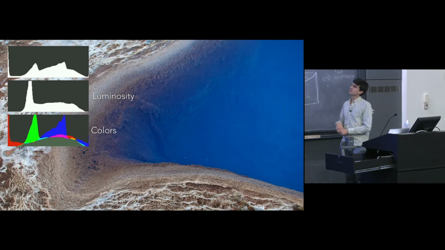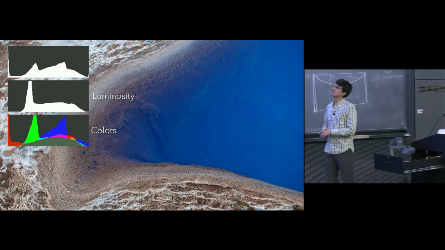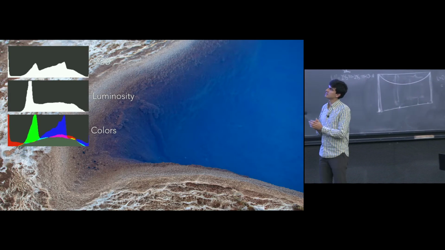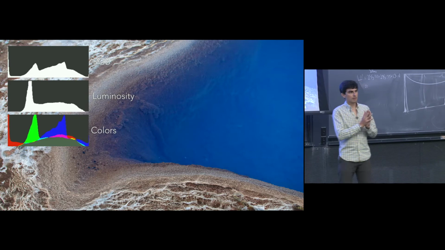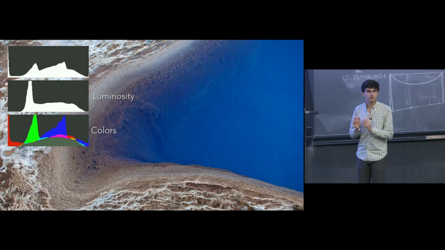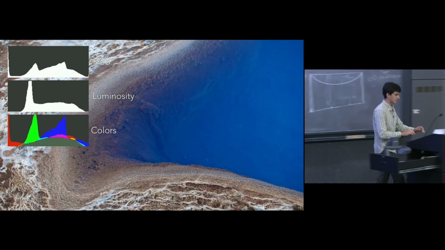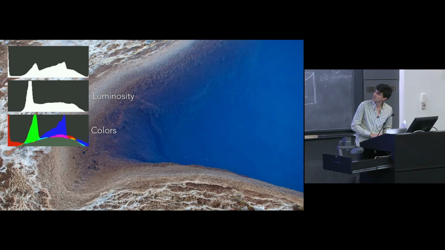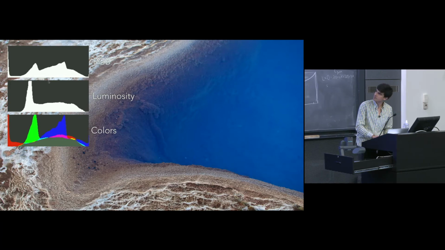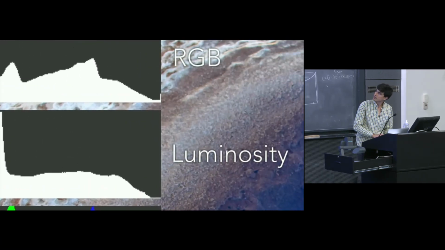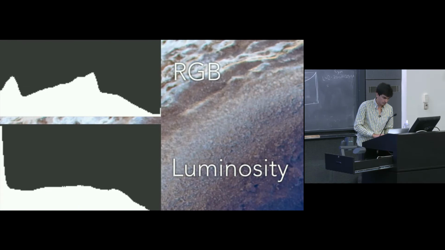So take a look at this, and you can sort of tell the differences between some of these things. Let me direct your attention to the spikes in the luminosity and the RGB histograms. Let me zoom into this just a little bit. All right. Oh no, this zoom does not seem to be working.